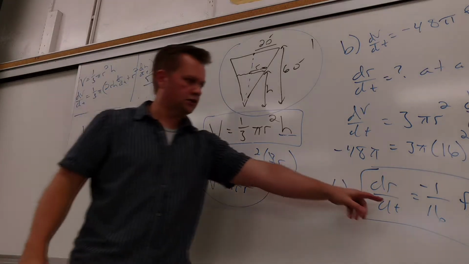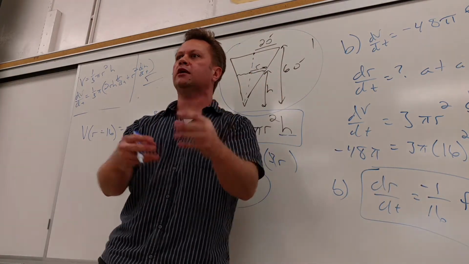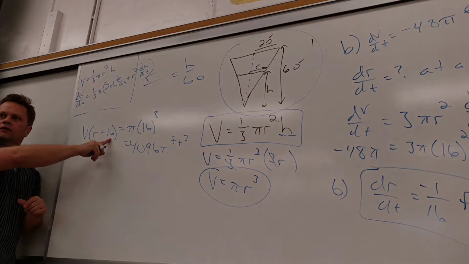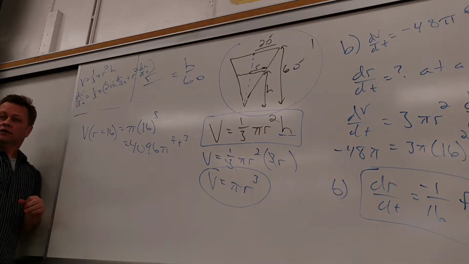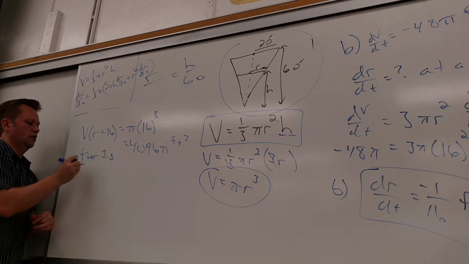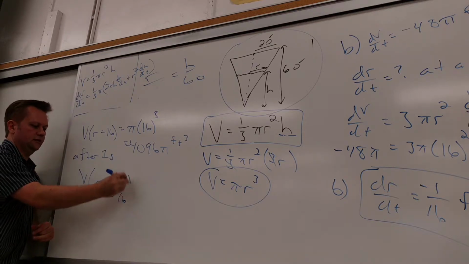Yeah, good. The radius is decreasing by 1/16 of a foot per second. So if I wait 1 second, 15 and 15/16. Yes, so after 1 second, the radius will be 15 and 15/16.